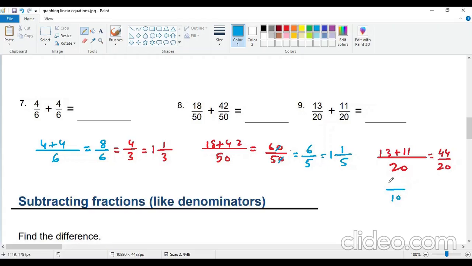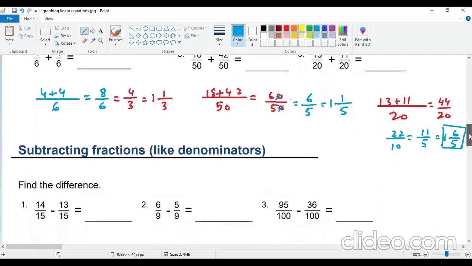Again, you can reduce this by using same number. 2 times going to be 5 and 2 times 11. This is an improper fraction, so you will change it to mixed number. 5 times 1 is a 5 and 6 is the remainder, and this is going to be turned to mixed number. This is how you add fractions when you have same denominators.